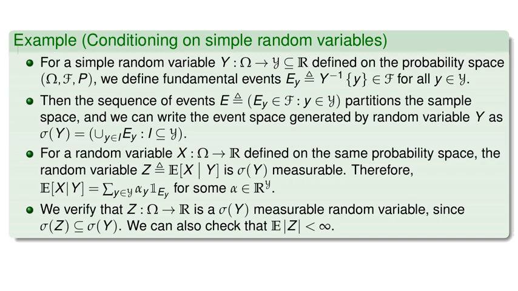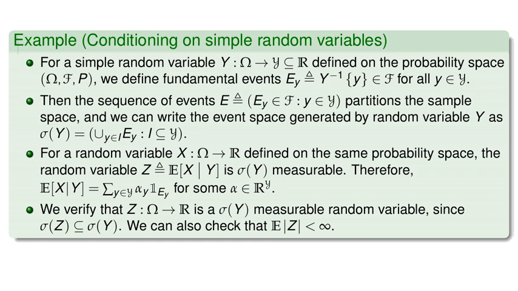Therefore, we can write the expectation of x given Y as a sum over y in script Y of some constant alpha sub y times the indicator function of the event E sub y, for some set of coefficients alpha in R to the power script Y.